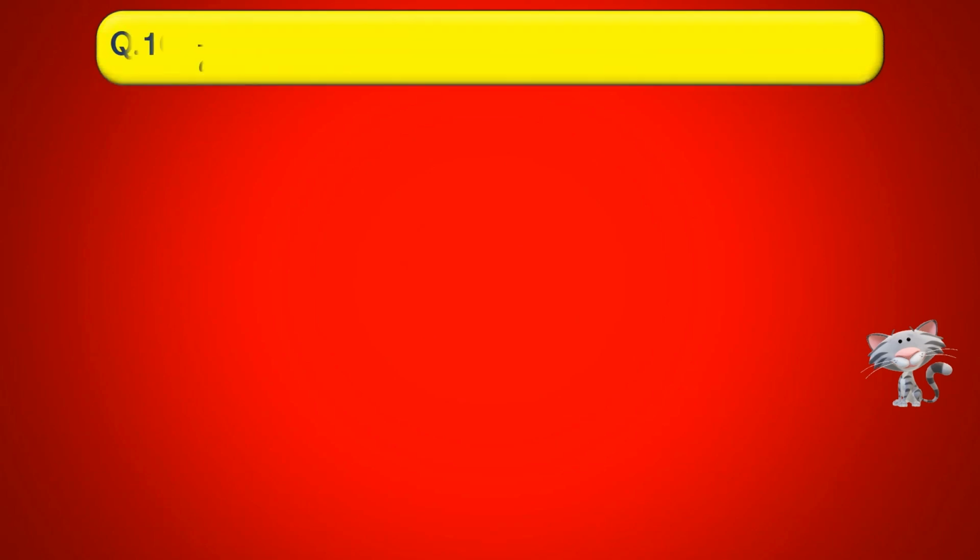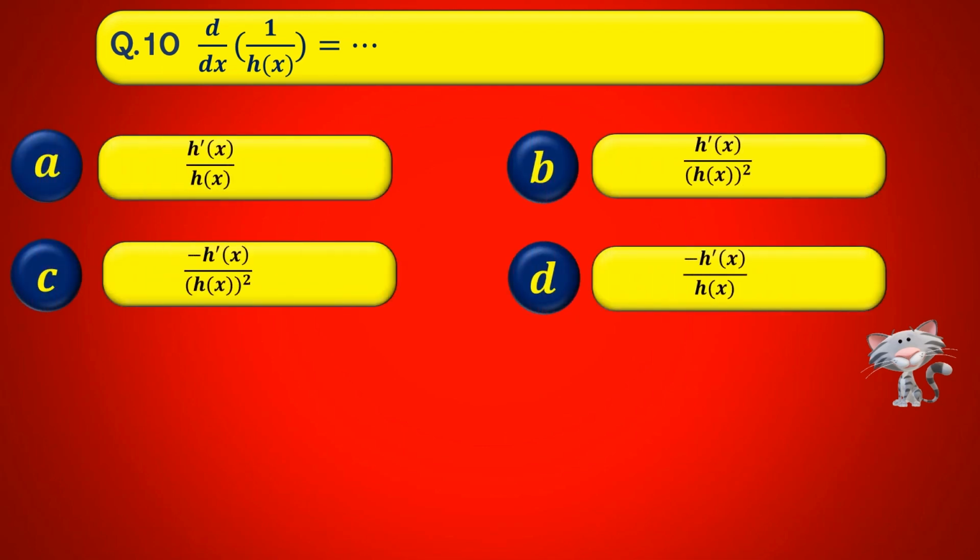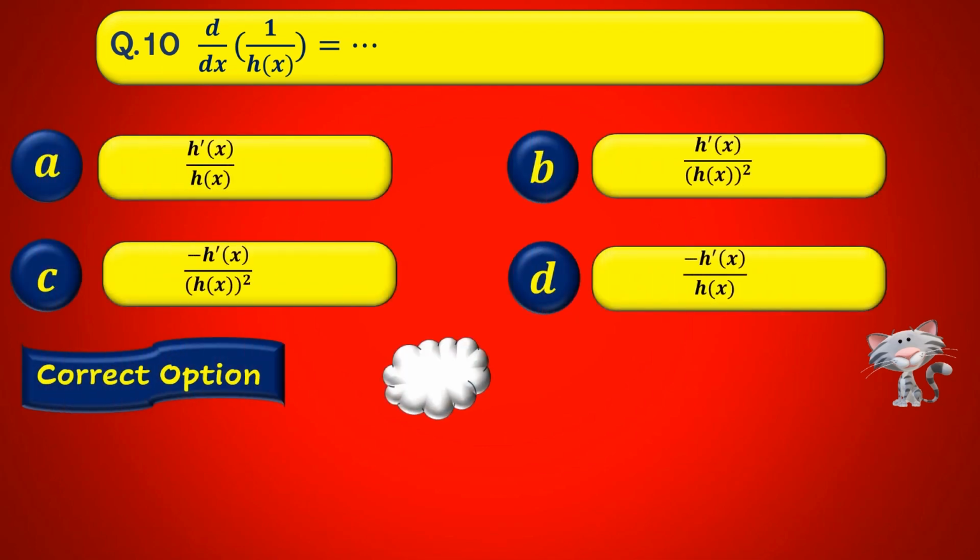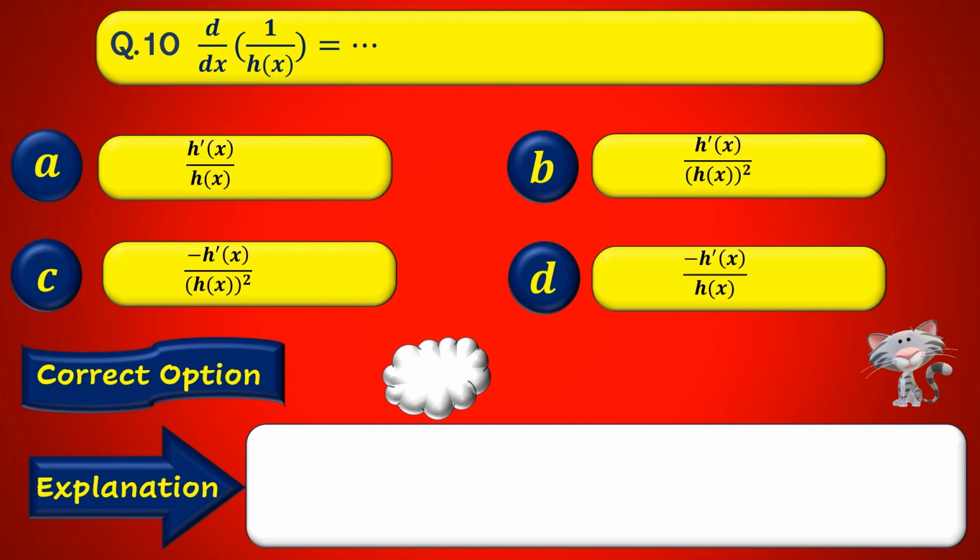Question number 10. d by dx of 1 over h of x is equal to, and the options are given, but what's the correct option? Let's explain. The derivative of 1 over h of x can be written as the derivative of h(x) raised to power minus 1.